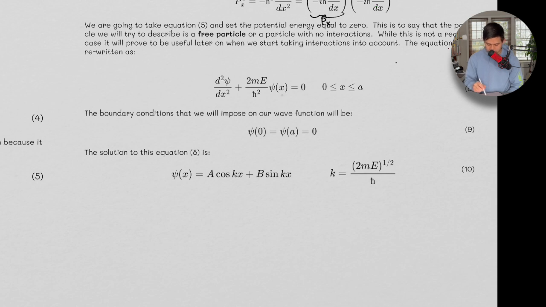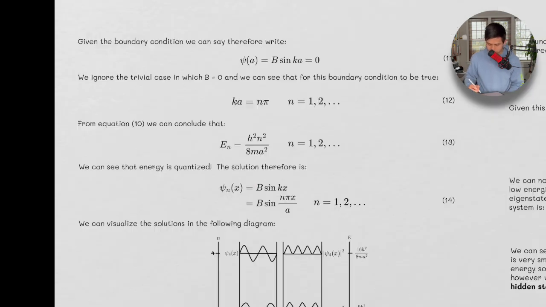Cosine is going to be 1 at 0 and 1 at A as well, so not 0. So we want sine, which is 0 at 0 and at A. So we keep the sine part, which is right here.